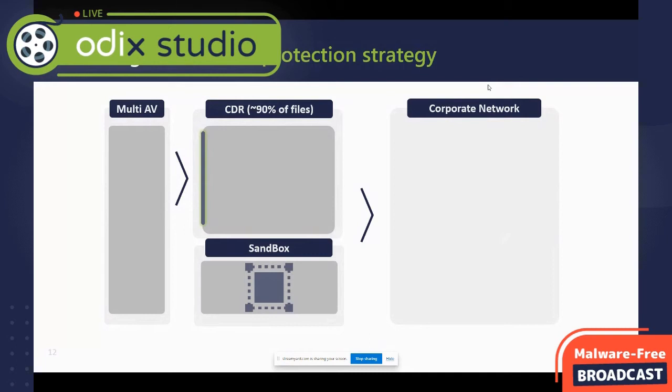So how will we put these engines into play? You can see that on the left, we have the multi-AV engines that will scan everything coming in. It's a fast scan, it's a cheap scan, so any known malware, anything that it can block, it will block. From there, we will send the file to the CDR engine.